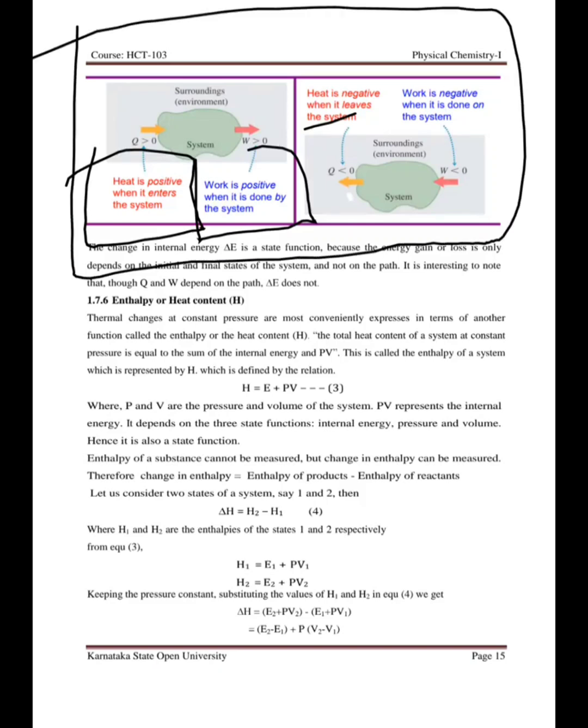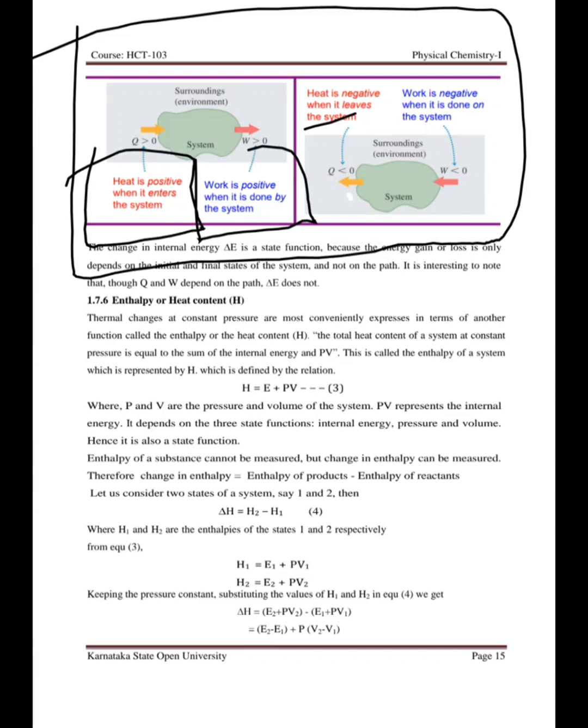Now you know about the positive and negative signs of the system. These are the changes in the internal energy with respect to state functions, that is, pressure, volume, and temperature.